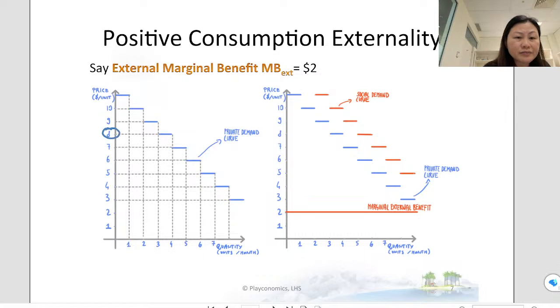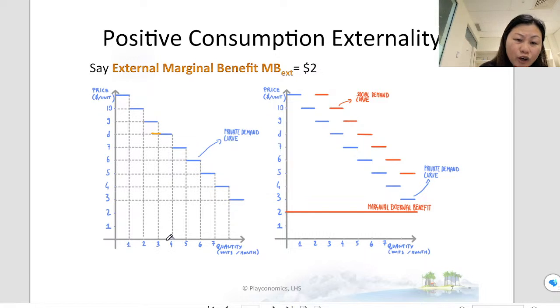Let's say, hypothetical. As the price is at 8, we move up. And now at price 8, Maya will consume 4 units of perfume at the price of $8. Now, if we look at it from a different point of view, and we say, okay, we're going to start at the quantity.